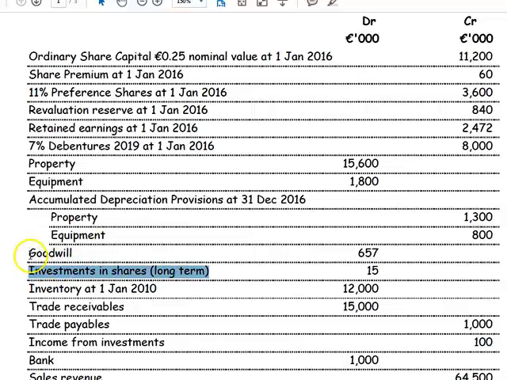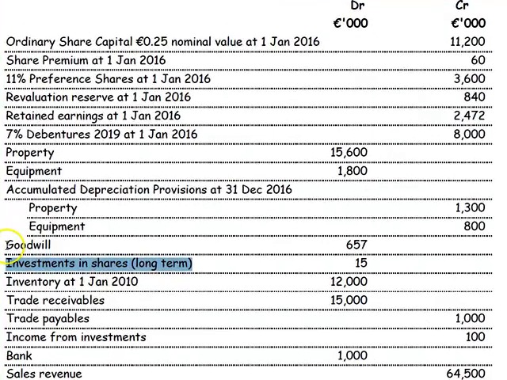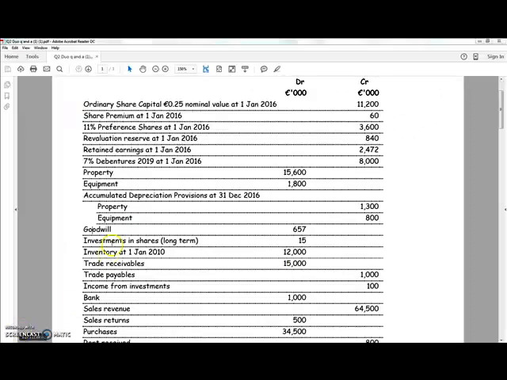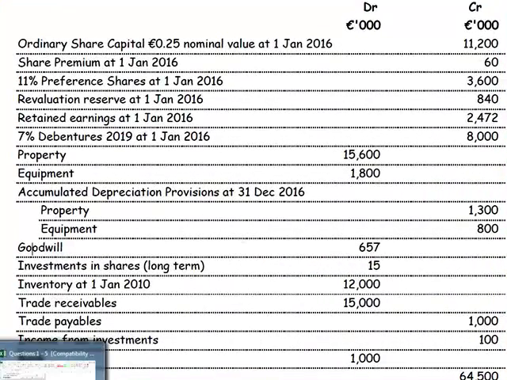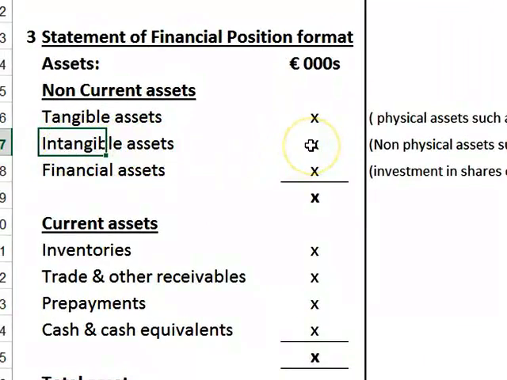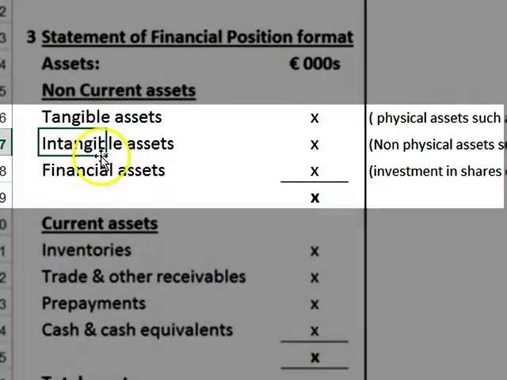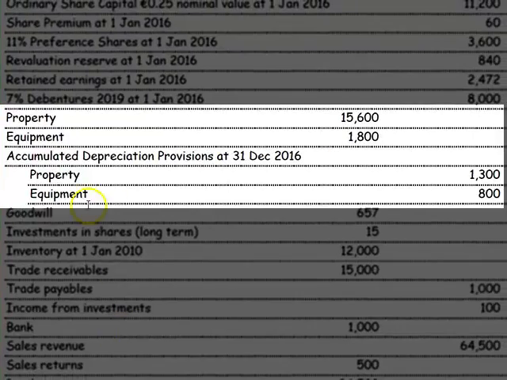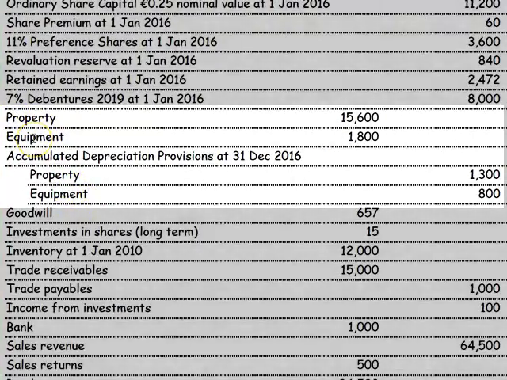Intangible assets are the non-physical assets, and goodwill there is 657, and in the question you would show intangible assets 657. Tangible assets will need a working, because normally there may be a number of tangible or physical assets. So here, tangible assets are property and equipment.